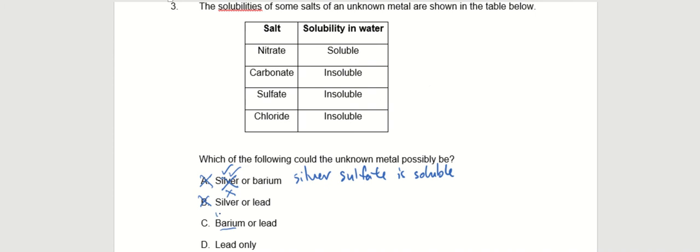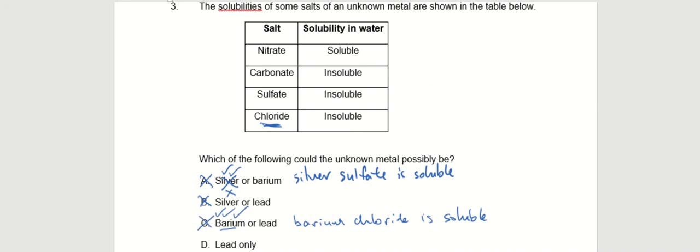Barium carbonate is insoluble, that's true. Barium sulphate is insoluble, that's true, but barium chloride is soluble. Barium chloride is soluble, but for this particular metal, the chloride is insoluble. So again, it cannot be C.